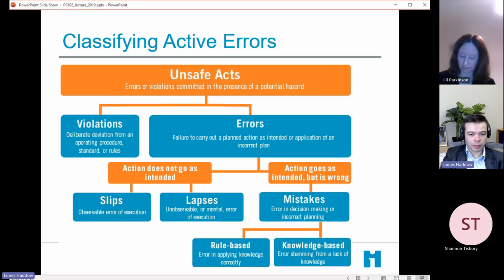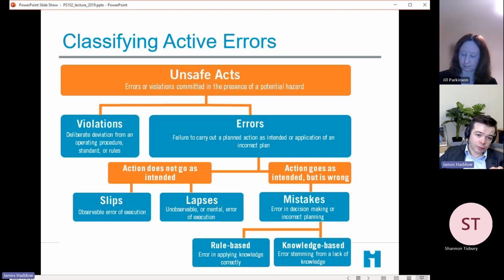And then on the other side, the action goes as you wanted it to, but it was wrong. So you chose the wrong drug, or you did the wrong operation, or you applied the wrong protocol. And those are mistakes. So that's a mistake in decision or planning, or a defect in knowledge, for example. Then mistakes we can divide into two things. One is where it stems from a lack of knowledge, and one is where we have the right knowledge, but it's been applied incorrectly.